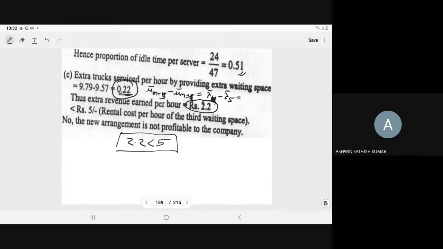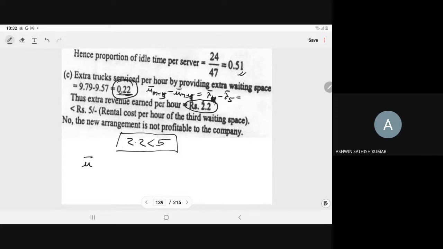Clear? What is the gist of the question? Sir, how did we calculate the extra revenue per hour from that new lambda bar? Here we have the number of extra trucks serviced, it is 0.22, the difference.